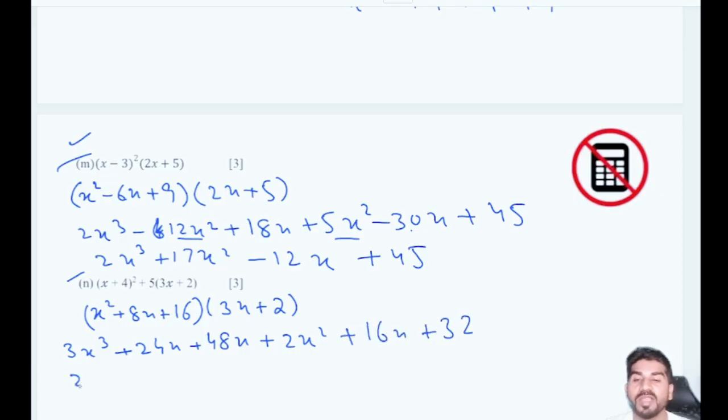By simplifying, 3x will be as it is, then you can 2x here, it will be as it is now. 24x, 48x, and 16x. So 24 plus 48 plus 16, and will be plus 80x.